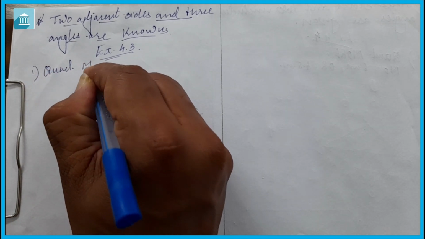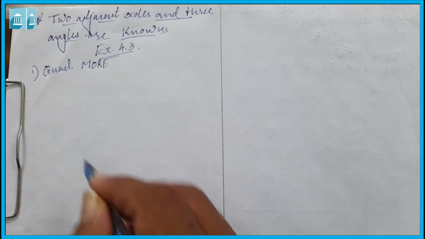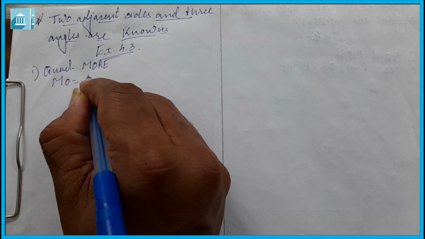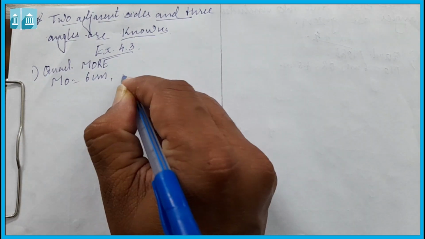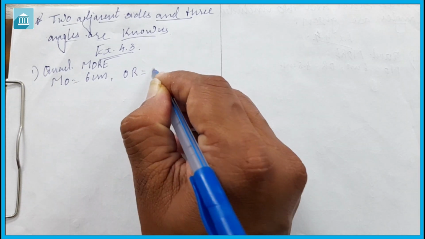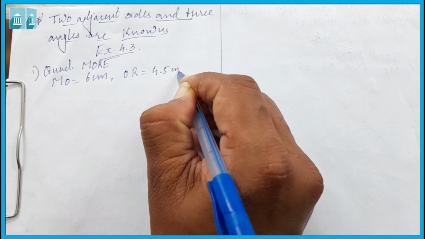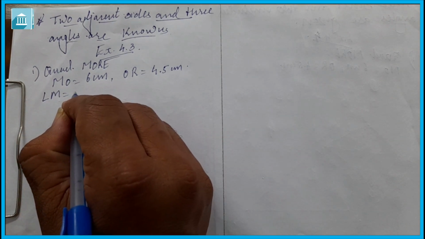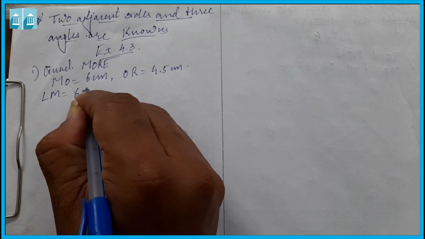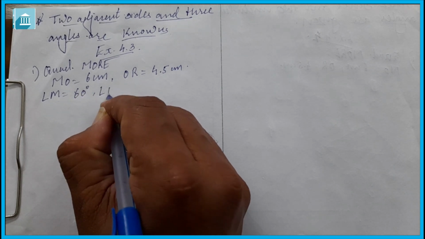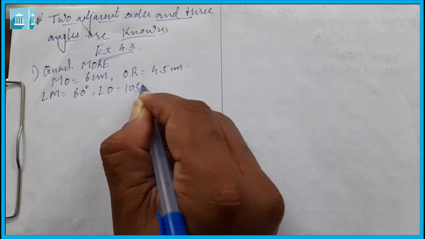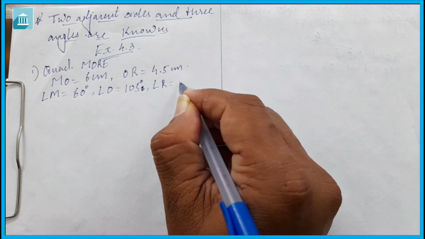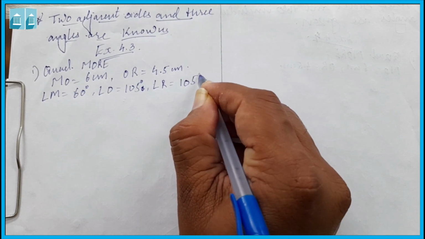Here we have to construct a quadrilateral MORE, M-O-R-E, in such a way that side MO is equal to 6 centimeter, OR is 4.5 centimeter, angle M is equal to 60 degree, angle O is 105 degree, and angle R is again 105 degree.